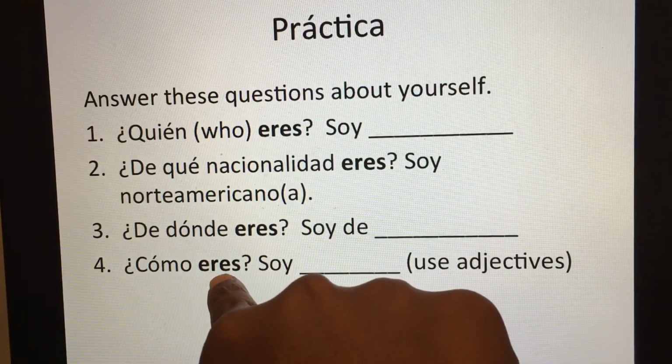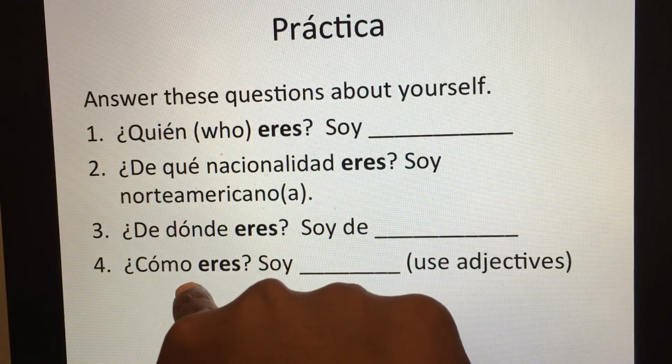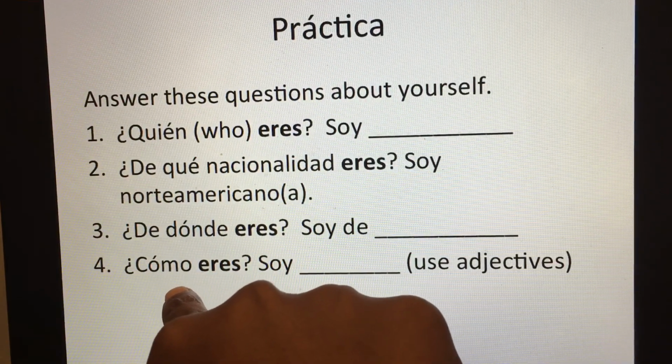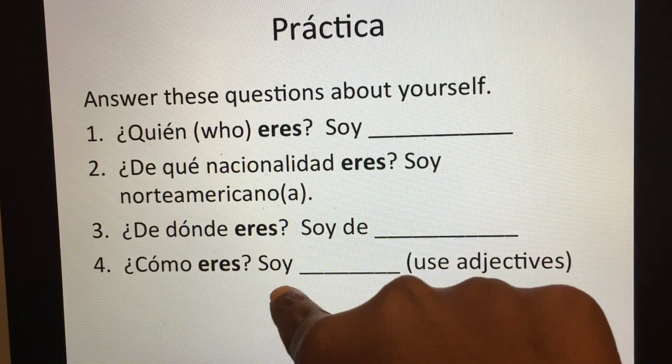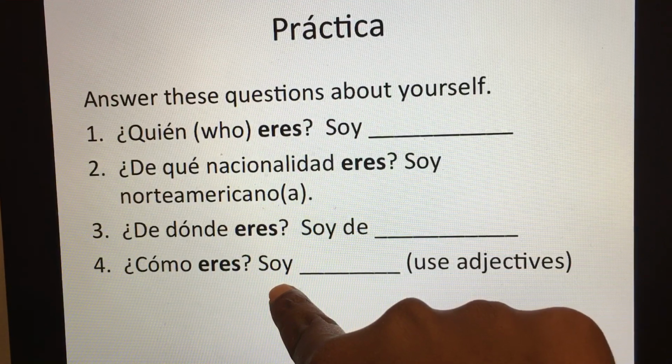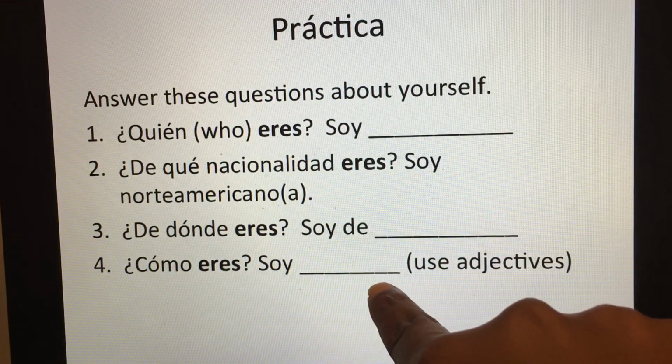¿Cómo eres? How are you, or what are you like? This question is asked whenever you want someone to give a description of themselves, himself or herself. So the response will be soy, I am, and you would use adjectives. Remember, the adjective has to agree with your gender.